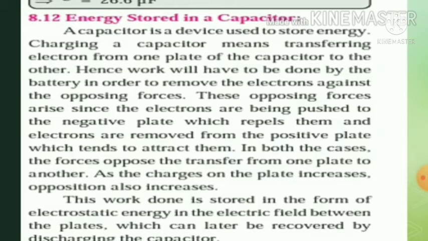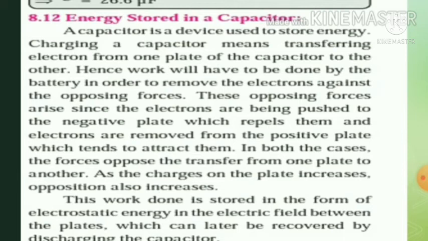In both cases, the forces oppose the transfer from one plate to the other. That is, in this process an opposing induced force develops between the first plate and the second plate of the condenser due to the motion of positive as well as negative charges.